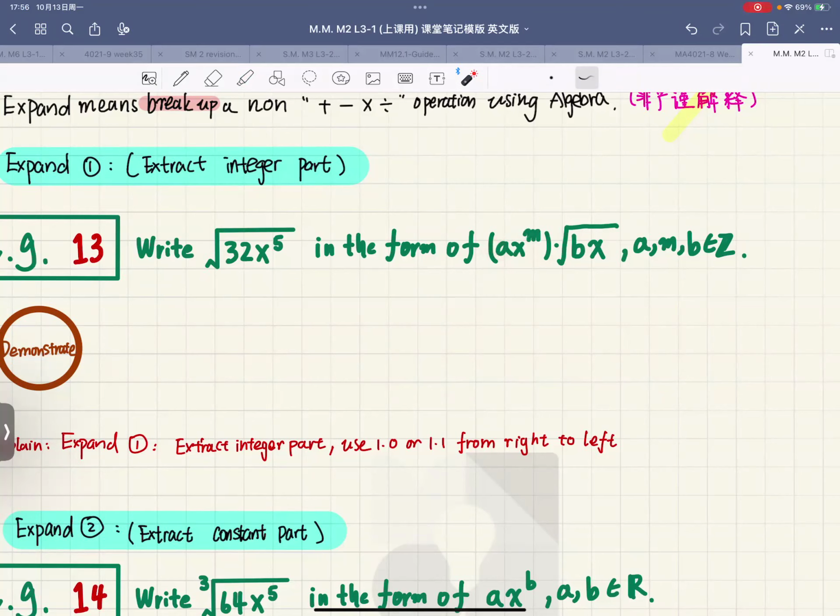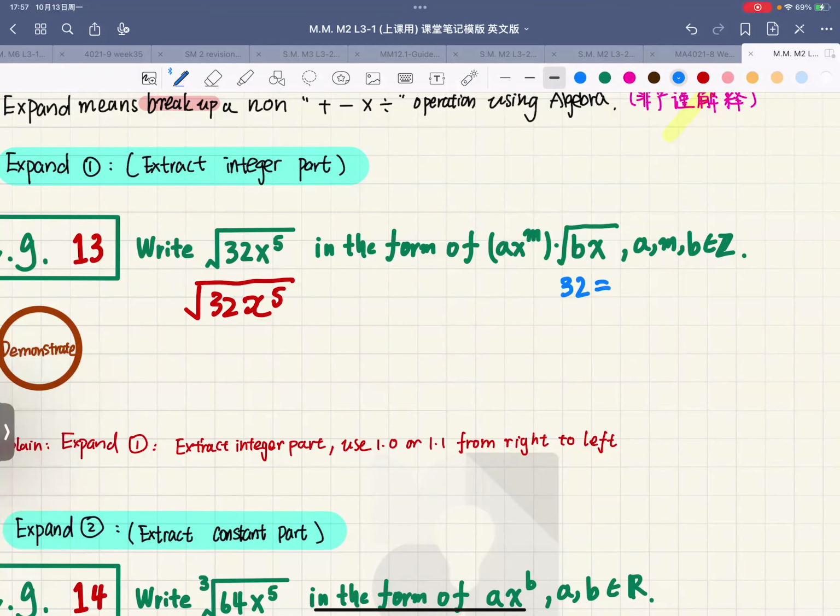Now let's break it up. Square root of 32x to the power of 5. When we break it up, what are we looking for?